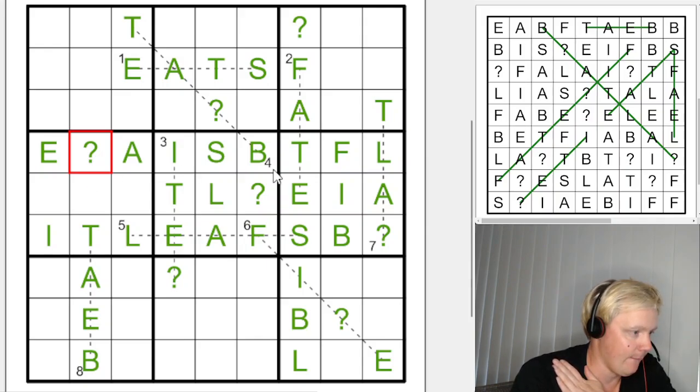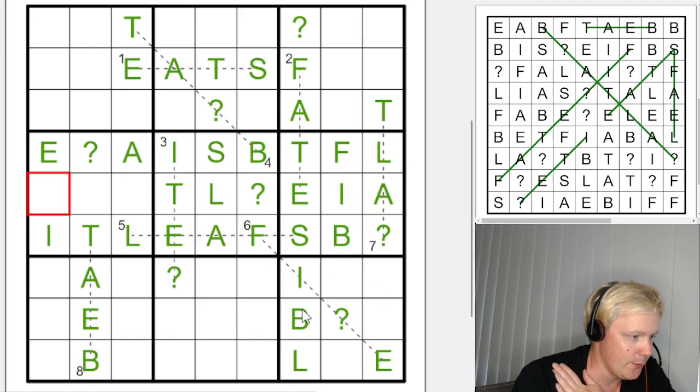Now then, what about these? So we're missing B, F, and S. B can't be here, but I don't think we know anything about F and S here. No, we don't. Let's look at something else then.